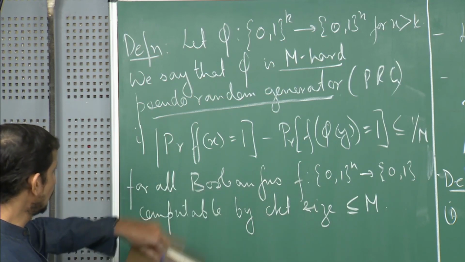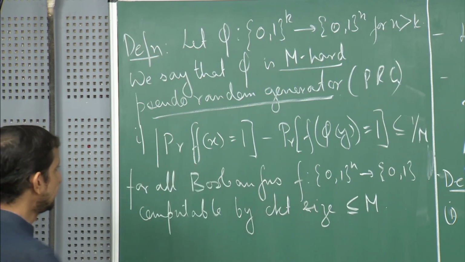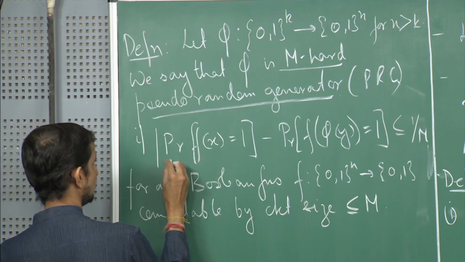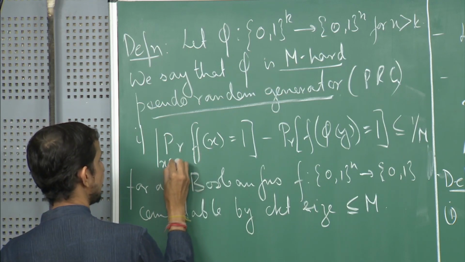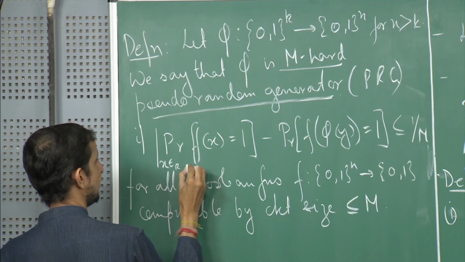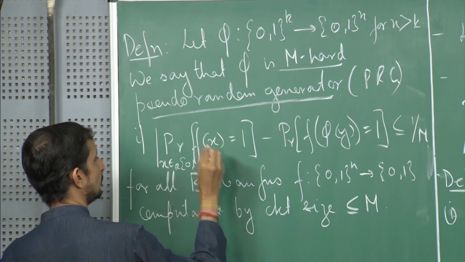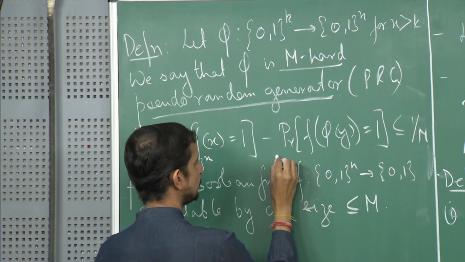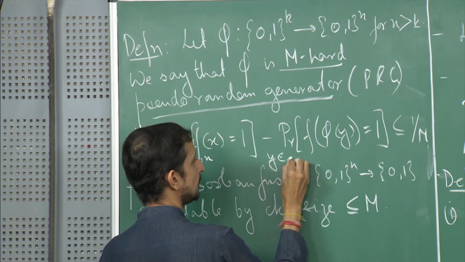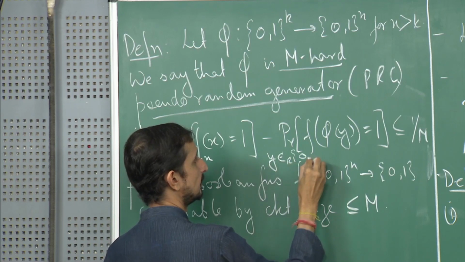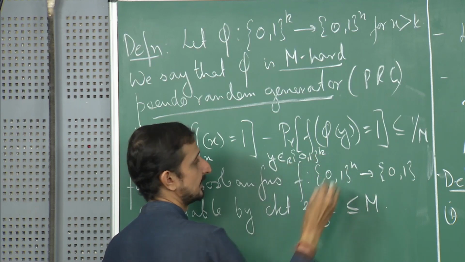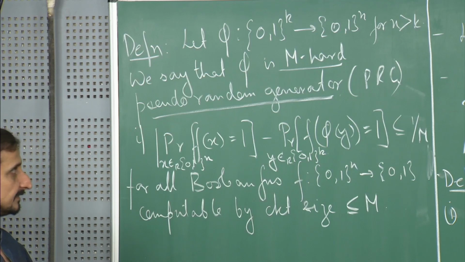Okay. So where this probability is over the choice of x, so here I choose x uniformly at random from {0,1}^n, and here I choose y uniformly at random from {0,1}^k. Okay. So let's understand this definition.